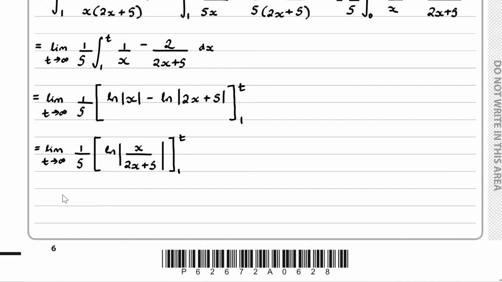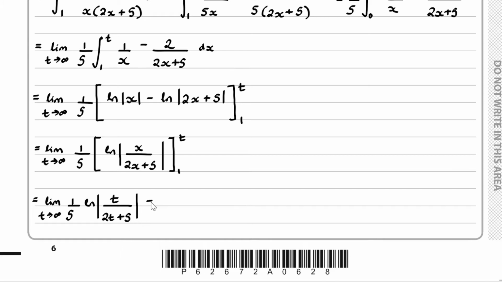So, if we work all of this out, for our upper limit, we've got the limit as t tends towards infinity multiplied by 1/5 times by the natural log of the mod of t over 2t plus 5.